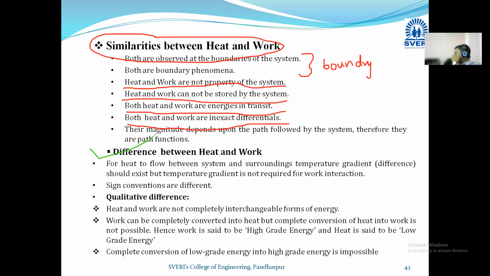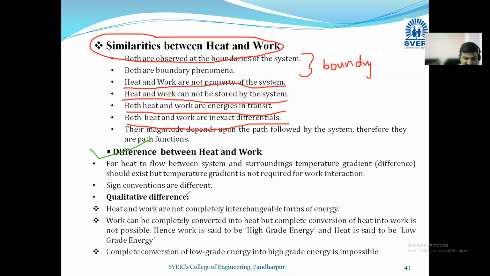Sign convention of the heat and work are totally different. जेव्हा सिस्टीमला हीट दिली जाते त्यावेळी आपण पॉझिटिव्ह कन्सिडर करतो, बट वेन सिस्टीमला वर्क केलं जातं त्यावेळी आपण ते निगेटिव्ह कन्सिडर करतो. वाइस वर्सा सिच्युएशन इज देअर फॉर द नेक्स्ट केस. So sign conventions are totally different.